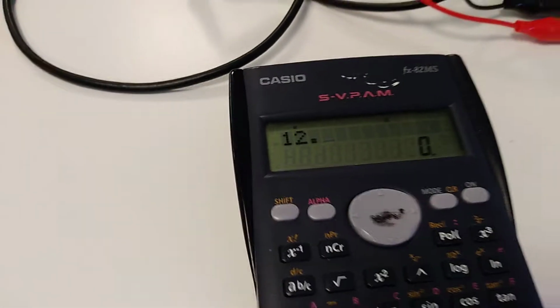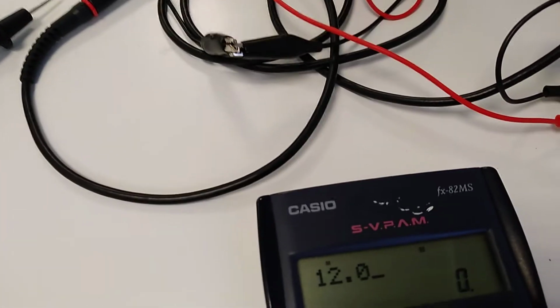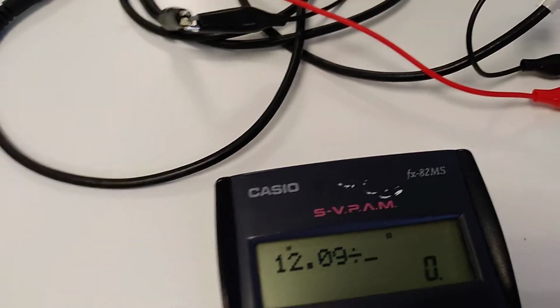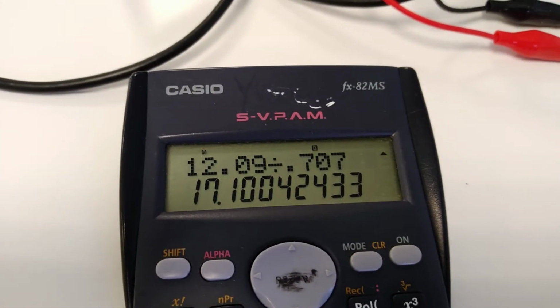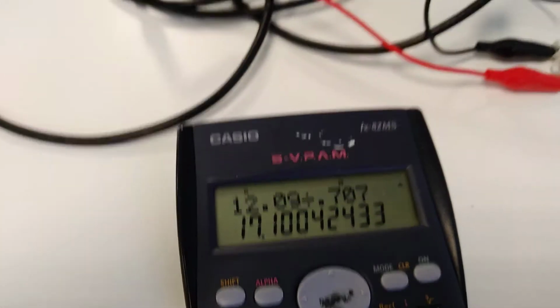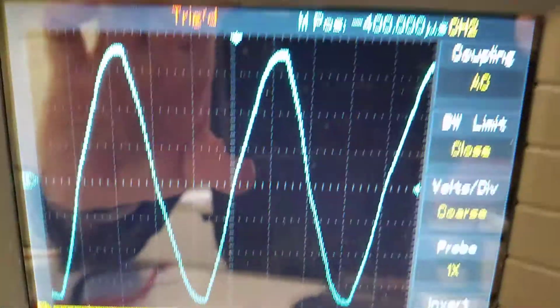So 12.09 divided by 0.707 gives me a value of about 17.1 volts, which is probably about what I'm measuring there.